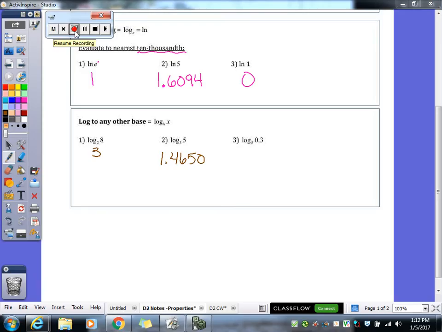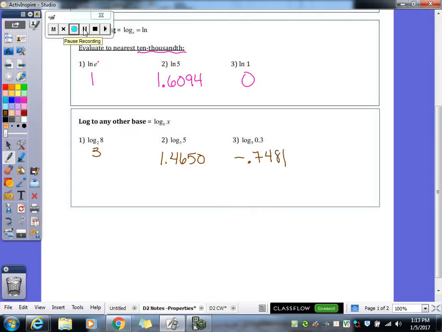All right, so let's have you go ahead and do the next one. So math, go to the log base. You add a base of 5 of 0.3. What do we get? Negative point what? Negative 0.7408.